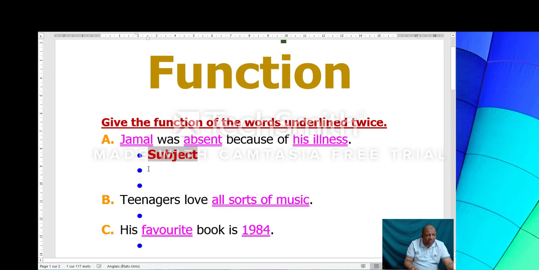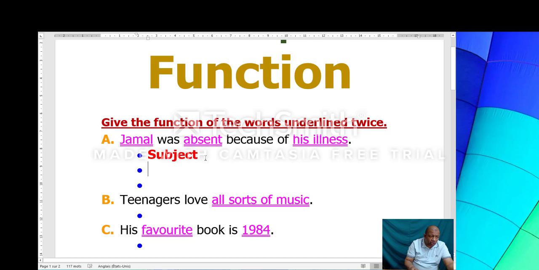Absent, this is a subject complement. Why? Because subject complement is a complement that states or gives us some information about the subject. And in order to name an adjective or a noun as subject complement, you must have a linking verb, which is the verb to be, and its sisters, like the verb to remain, to seem, to prove, and so many others.